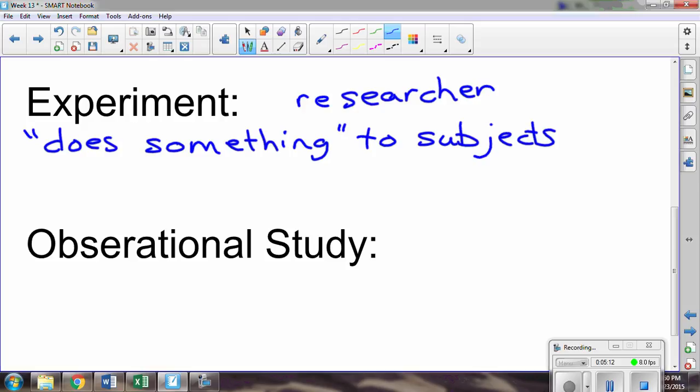So under certain circumstances, you can't actually create the control and experimental group, and you're left with just looking at stuff that has already happened. In that instance, when you just look at stuff that has already happened and you're not creating an experiment, those are observational studies.